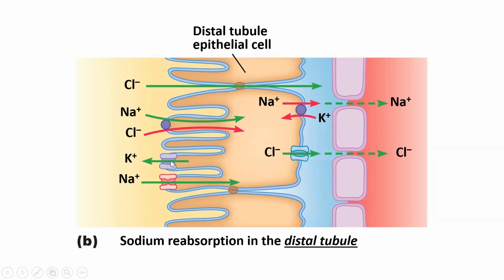We'll talk about potassium later on. Aldosterone inserts more of these leak channels into the apical surface of the membrane, so we can reabsorb much more sodium than with secondary active transport alone. Across the basolateral surface, we still have the sodium-potassium pump. So, exclusive to the distal tubule and collecting duct, we've got the upregulation of these sodium channels via the influence of aldosterone, which helps increase the amount of sodium reabsorption.